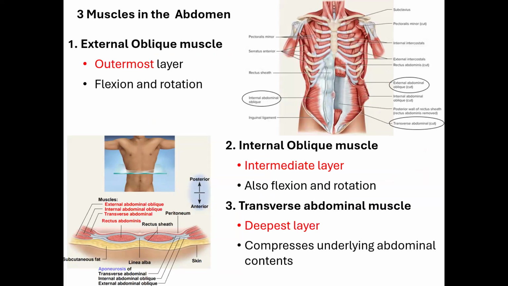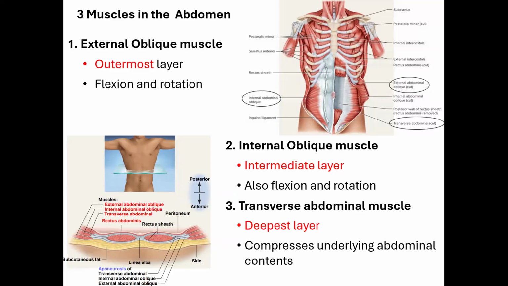Okay. Any other muscles in the abdomen? Yes. There are another three muscles there. There's an external oblique muscle, which is the outermost muscle in the abdomen. They actually cause flexion and they cause rotation.